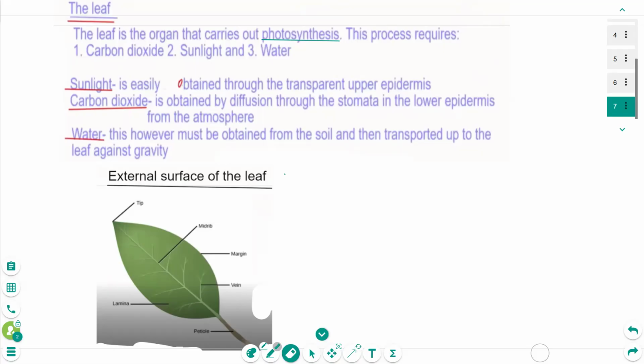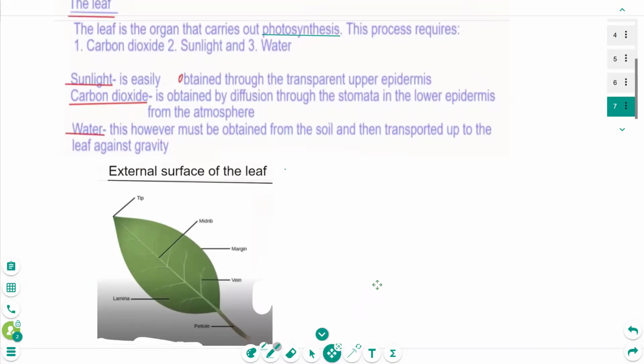I'm trying to find a nice simple version for you. No, you're not drawing this one. You're not drawing the external surface unless you want to sketch it. I'm going to give you the internal structure in a moment.